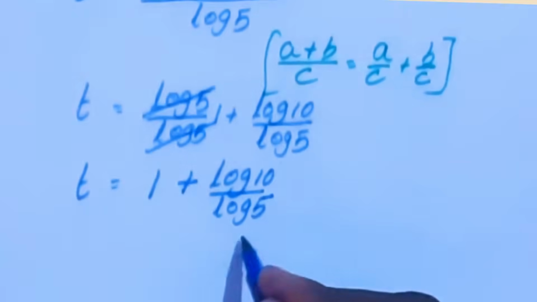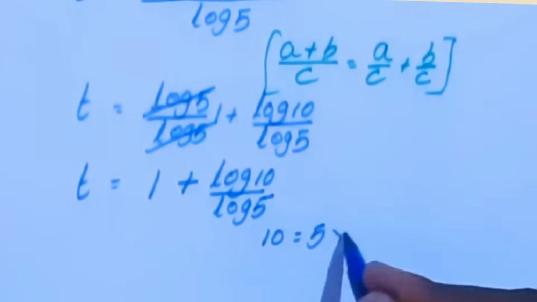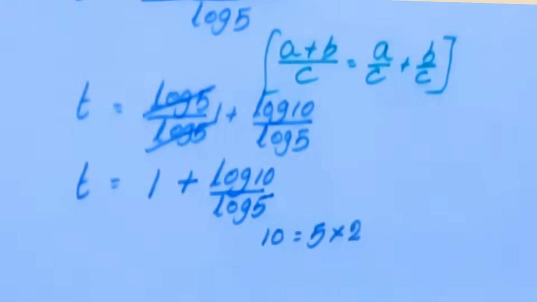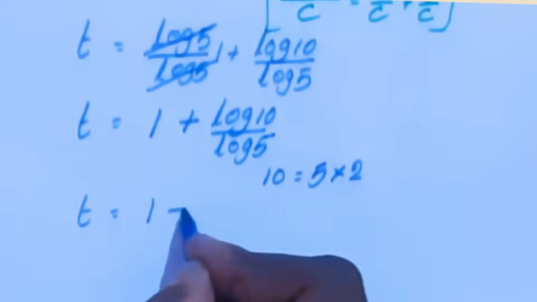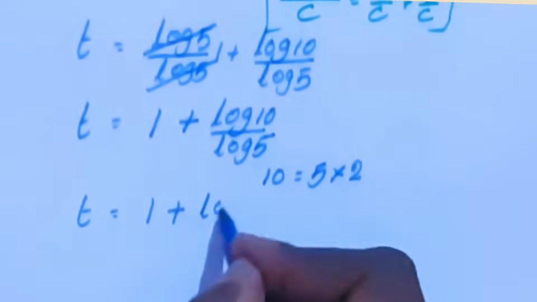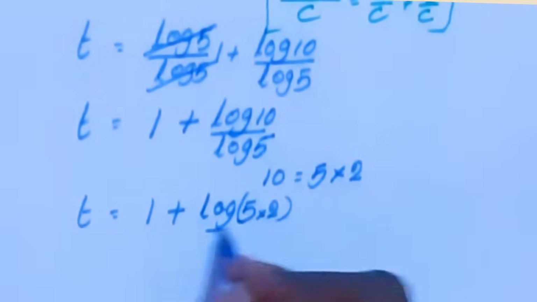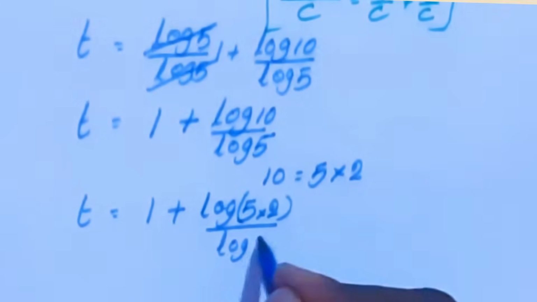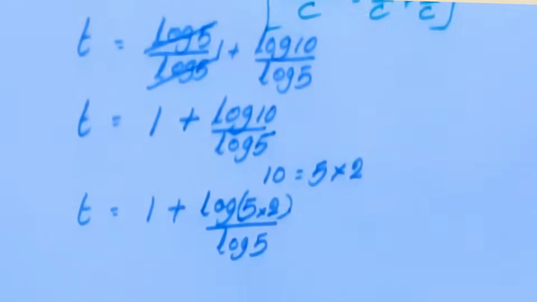Now this 10 can be written as 5 times of 2. So t equal to 1 plus log 5 times 2 by this log 5. Again we are going to apply log product formula here.